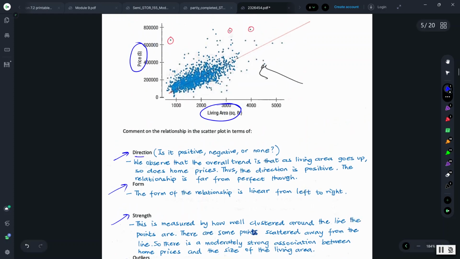As far as direction is concerned, you're interested in if you have a linear relationship, for example, is it positive? So I can see a positive one here because if I raise my right hand up, this matches the general trend here. When I raise my right hand up, what you see is a trend going upward from left to right. So this is definitely a positive linear trend.